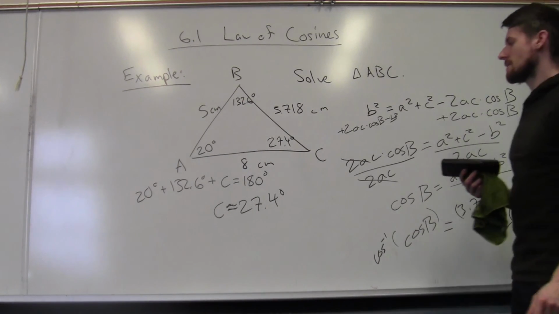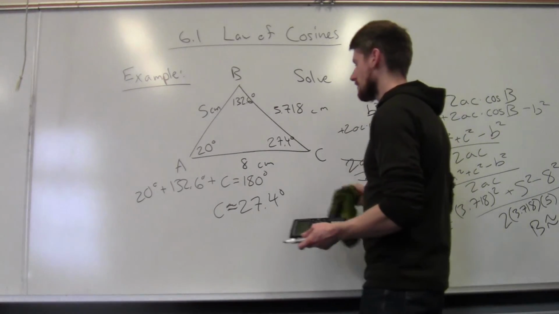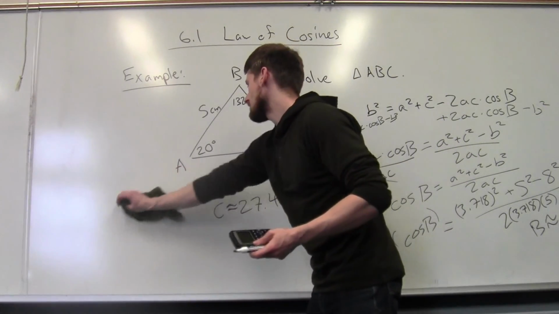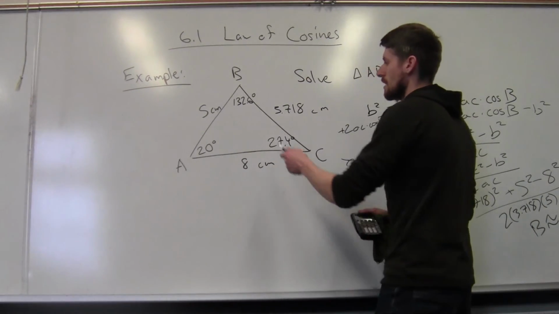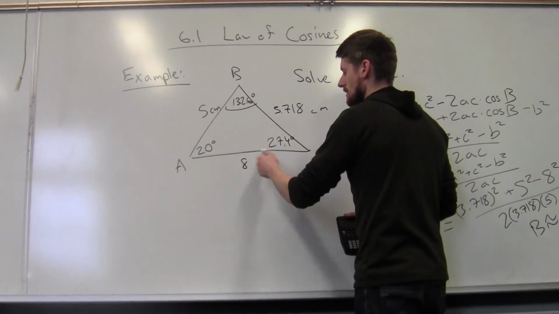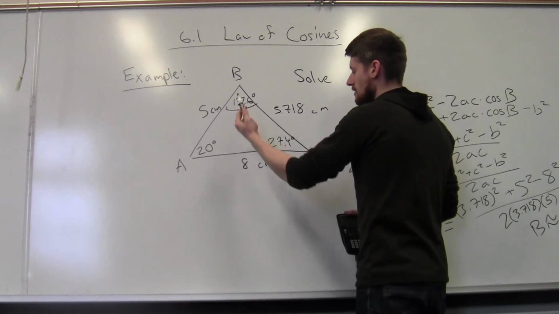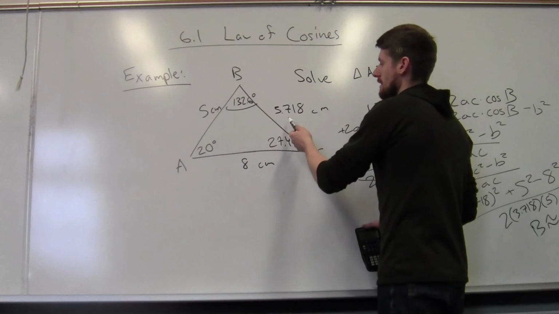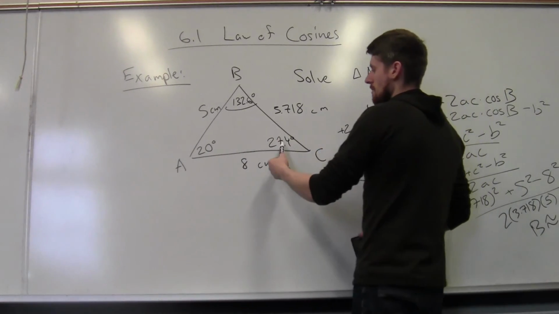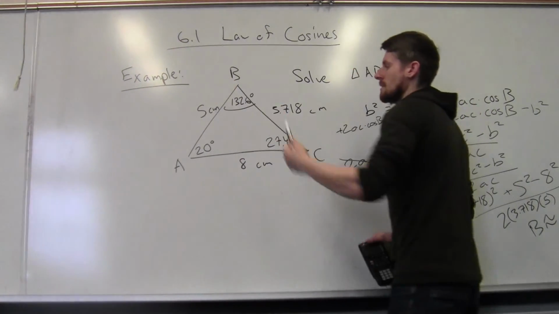It's good to double check that the angles match up with the sides, meaning the largest angle is opposite the largest side. 132 is opposite side length 8, 20 is opposite side length 3.718, 27.4 is opposite side 5.